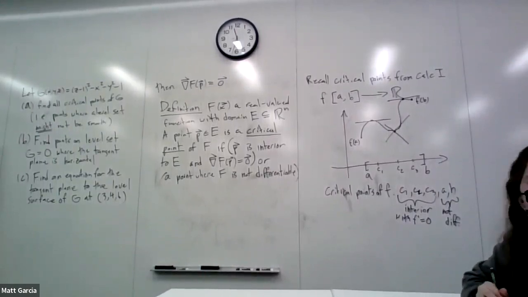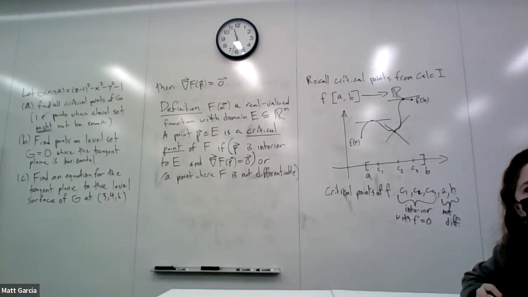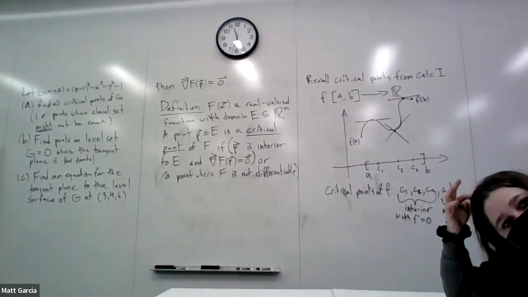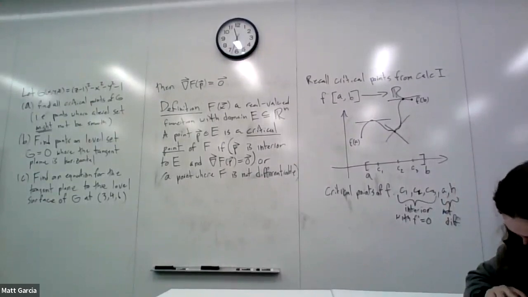We can differentiate them forever, right? And their derivatives are defined everywhere. So because I didn't say anything about the domain, you can just assume that it's all R3. And so you're not going to have any critical points that are boundary points, because there is no boundary. So yeah, I think you're good for part A.